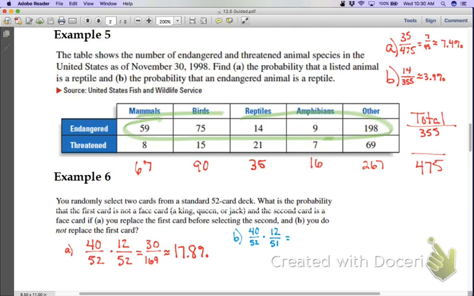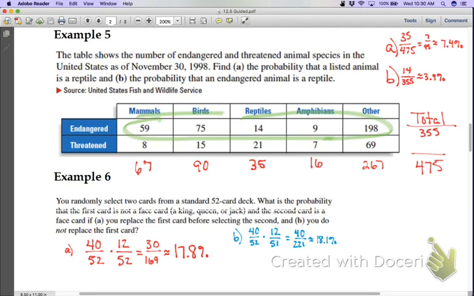So then 40 out of 52 times 12 out of 51. So 40 out of 221, which is about 18.1%.